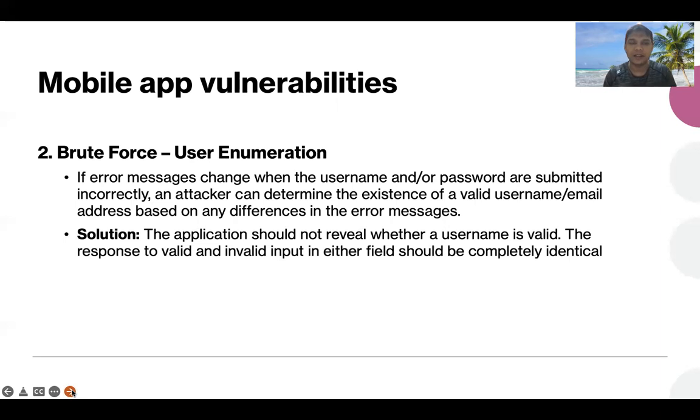So it means that your username is correct. That is why the solution is that the application should not reveal whether a username is valid. Whether the username is valid or invalid, there is no need to display such a message, but you can just display the message that username and password are invalid. That's all.